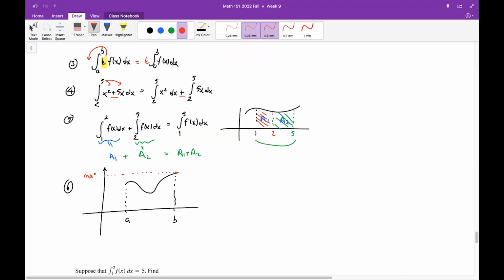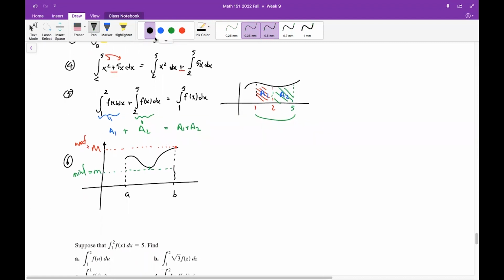So this is maximum value of f, right? And this is, let's call it as the big letter M, okay? M is in fact the maximum value of f. And here, right at this point, this is the absolute minimum value of your function. Let's denote it by the small letter m, absolute minimum of f.